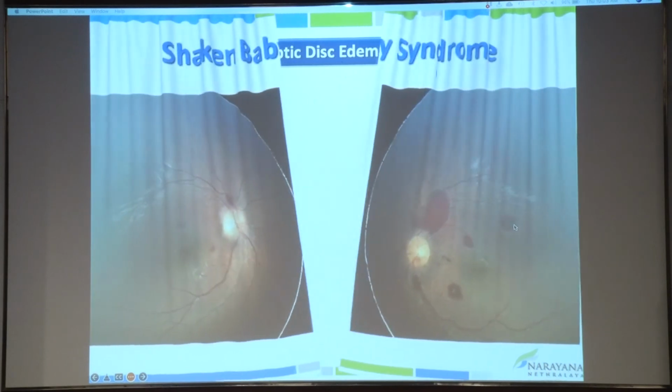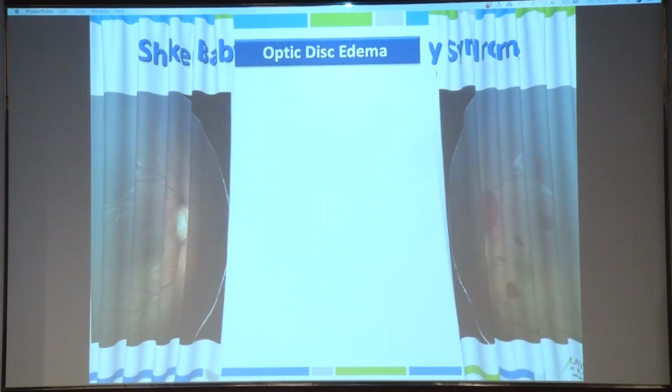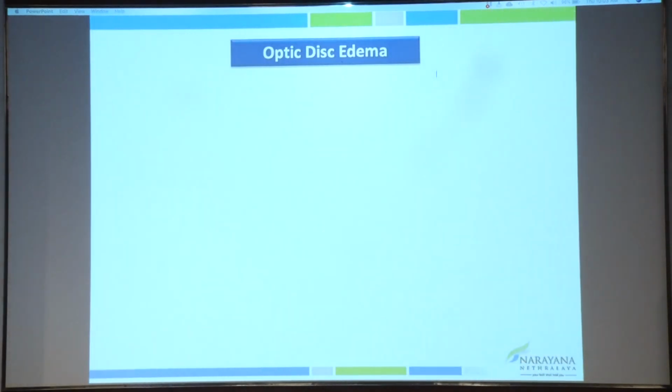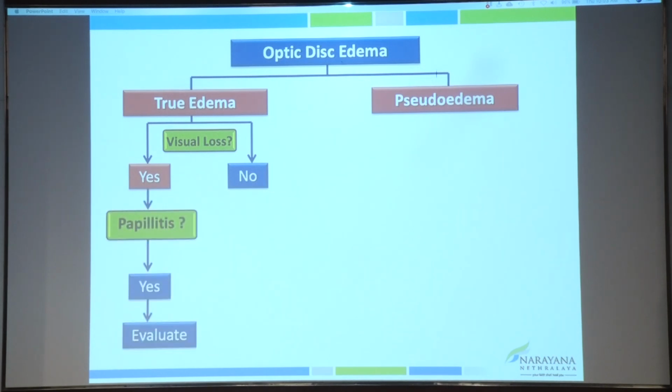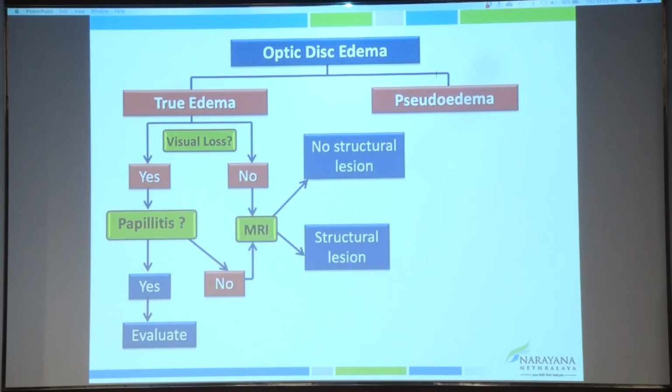So to basically summarize, when you have a patient with optic disc edema, find out whether it's true edema or pseudo disc edema. Once you've ruled out pseudo disc edema, for true disc edema, it is important to look for vision loss. If there is vision loss, yes, papillitis is what you look for, and go ahead and evaluate. But if there is no papillitis and there is no loss of vision, then you have to do an MRI scan to rule out structural and non-structural causes.